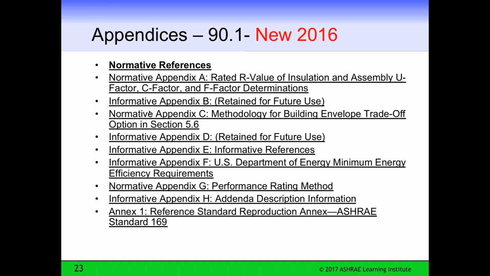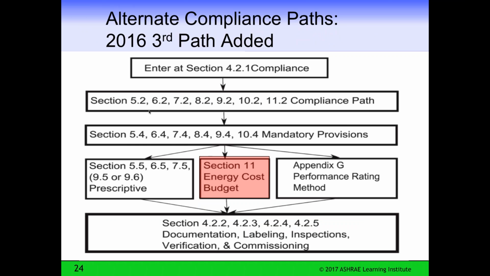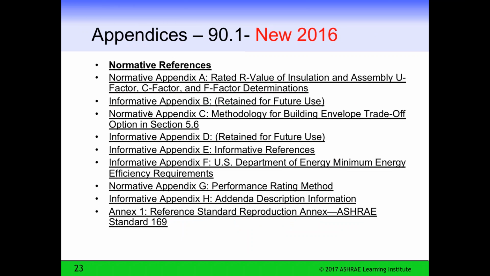Any comments on this, Matt? No. Okay. Just the reorganization of that, for people that use the code all the time, you'll notice that those have been completely reorganized. And Appendix E, let's see. Informative references.